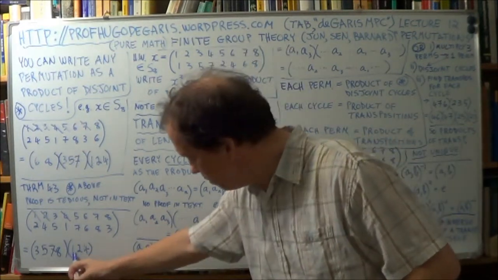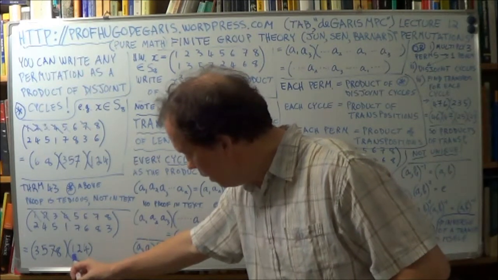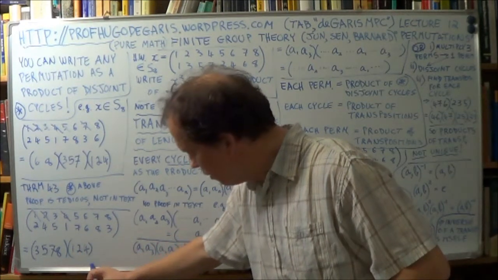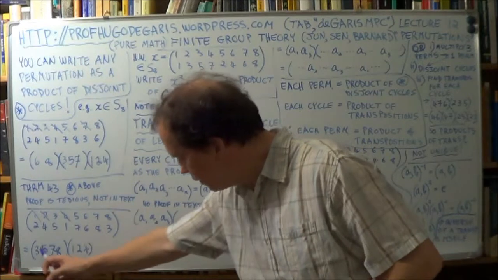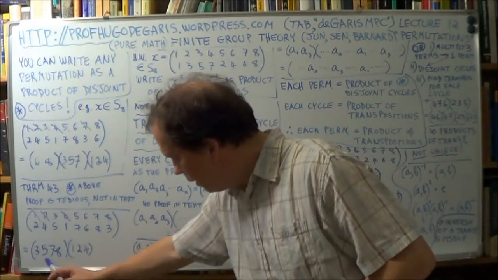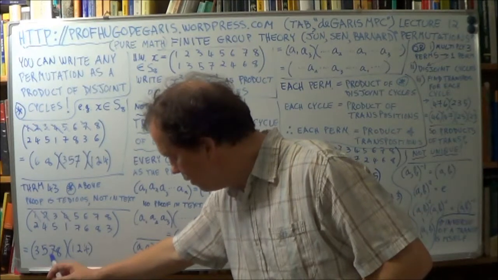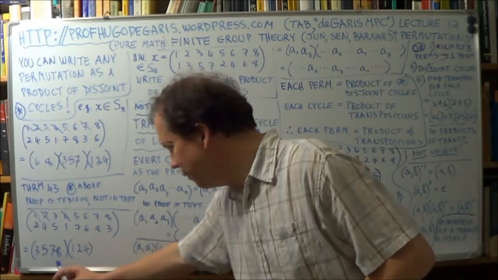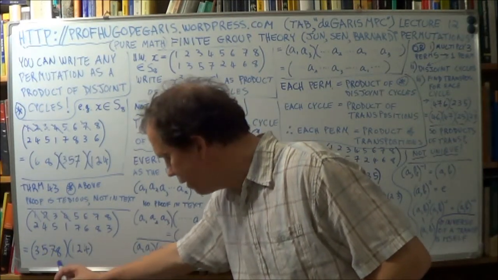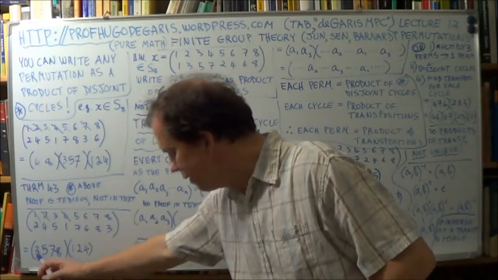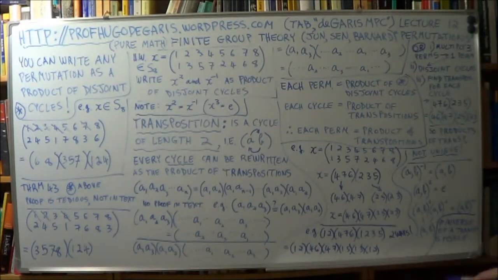So this one would be, what would it be? It'd be 1, 2 on the right and 1, 4 on the left. And for this one it'd be 3, 8 on the right, and then 3, is that right? No, sorry, 3, 5 on the right, and then 3, 7, and then 3, 8. So do that.